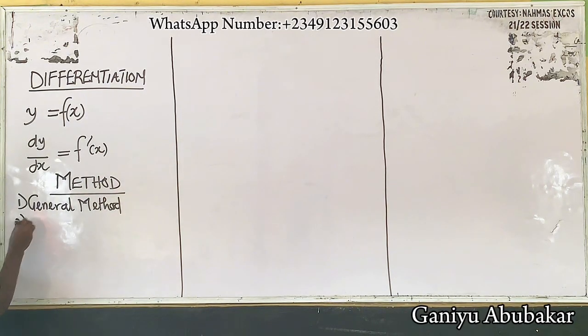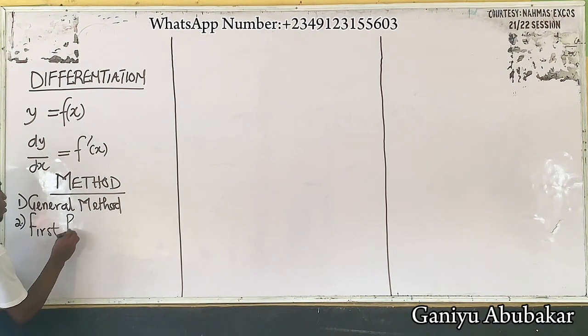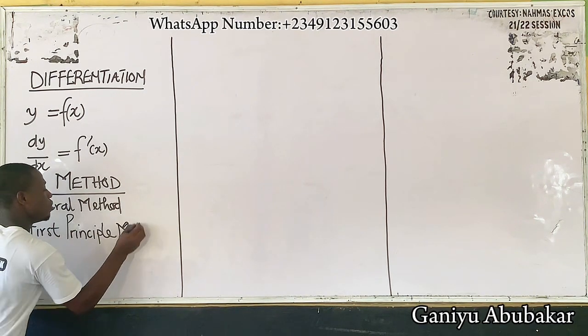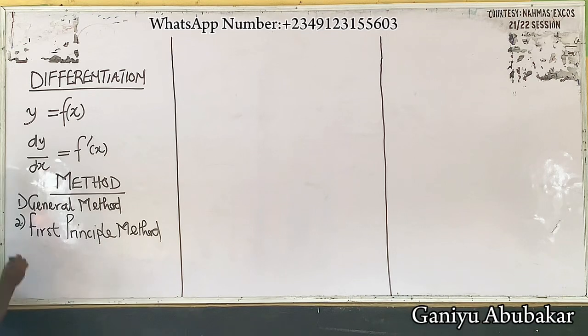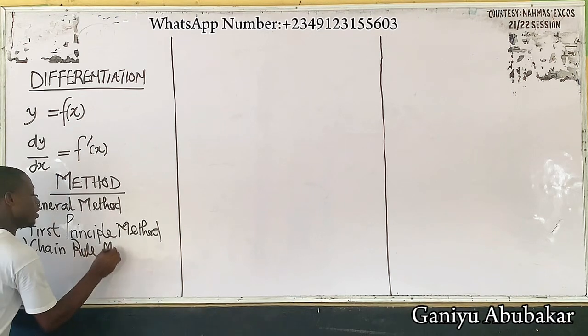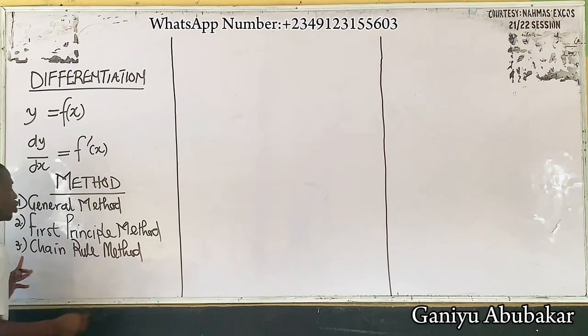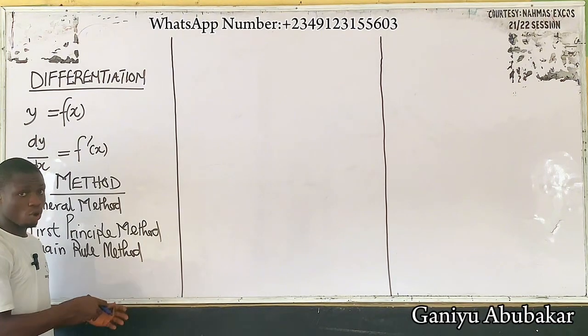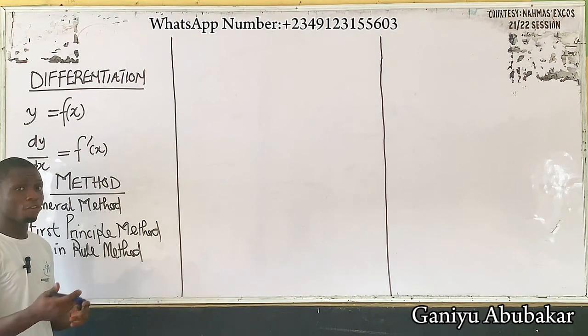Number 2, that's called the first principle method. Number 3 is called the chain rule method. So either I call it chain rule method or function of a function or function of several functions.